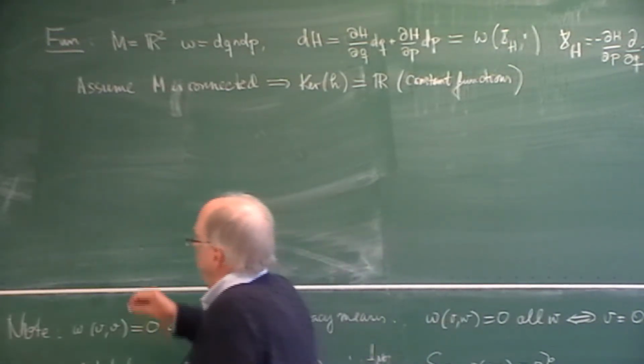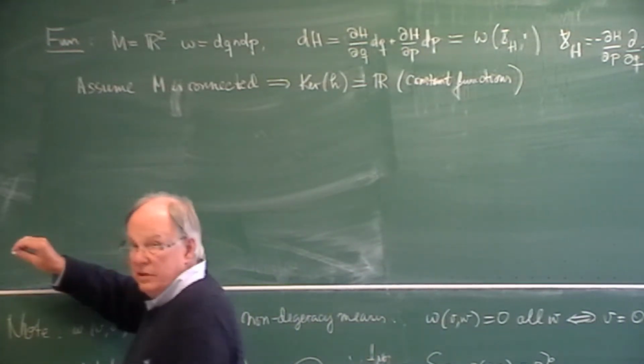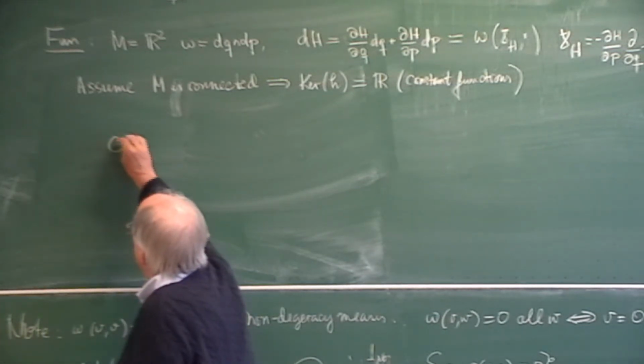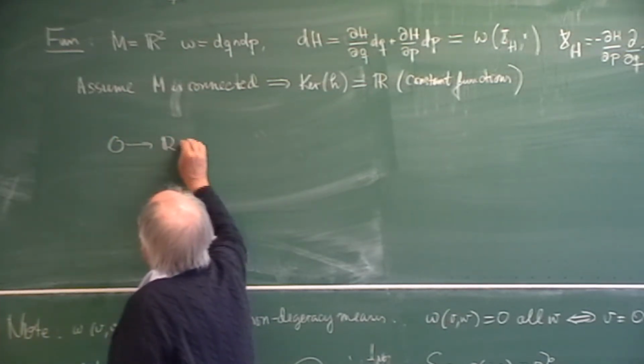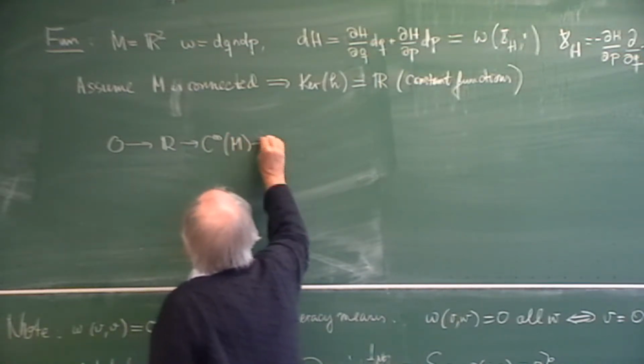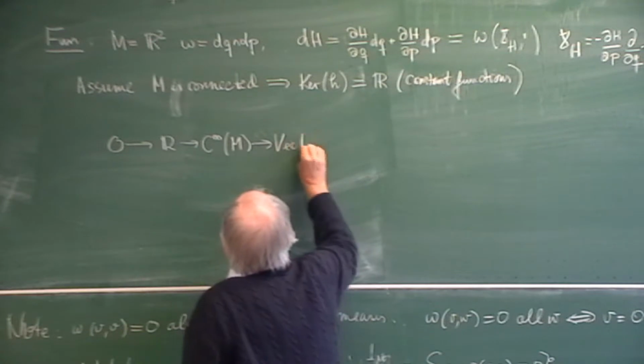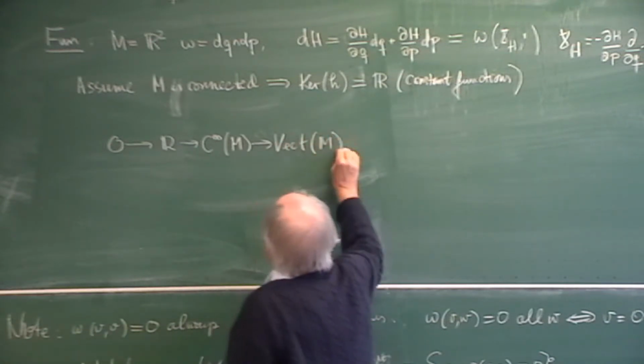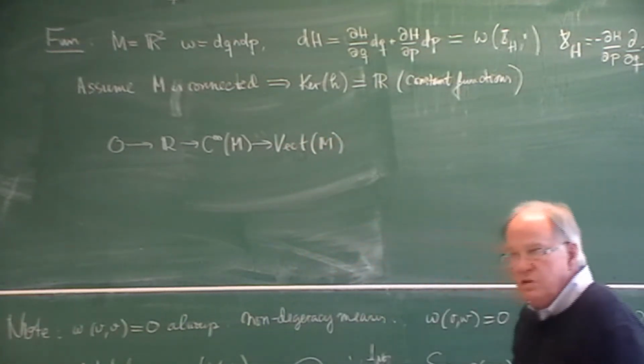So I assume by now you have the formalism of exact sequence. We have a beginning of an exact sequence. So we have the sequence of maps.